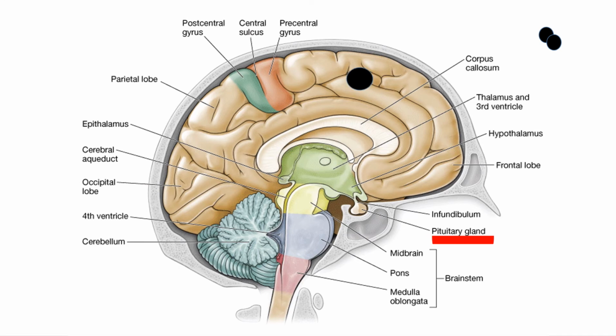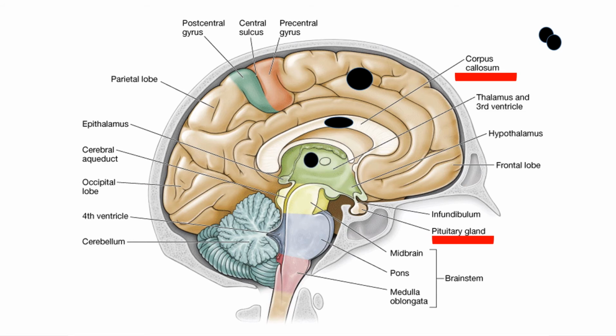Here is the medial side of the cerebral hemisphere, and underneath it we see this C-shaped structure, white in color. This is called the corpus callosum, and it is made of a bunch of fibers connecting the right and the left hemispheres, the corresponding area of the right with the corresponding area of the left.